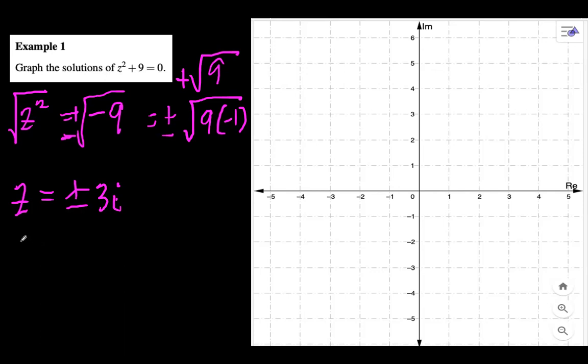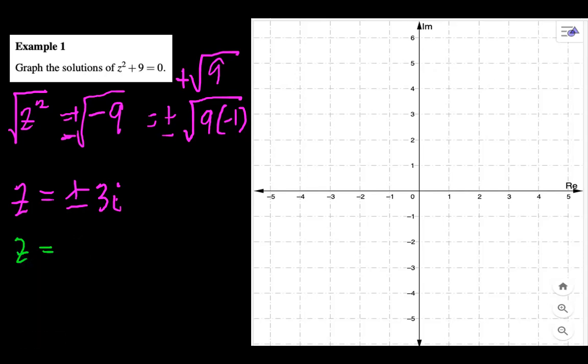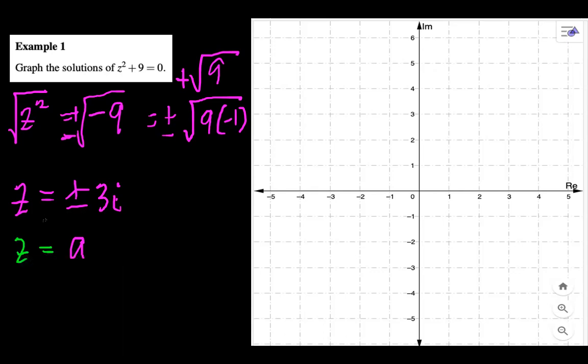All right. So let's say our value here is equal to z. Bakit green? Si Hulk, no? Okay. z is equal to a plus bi.